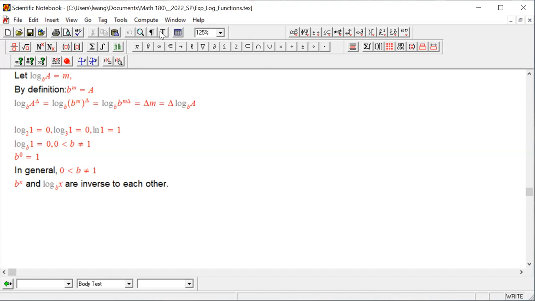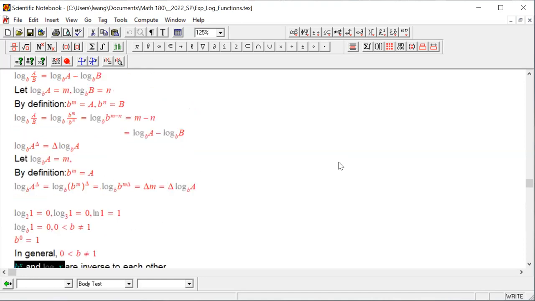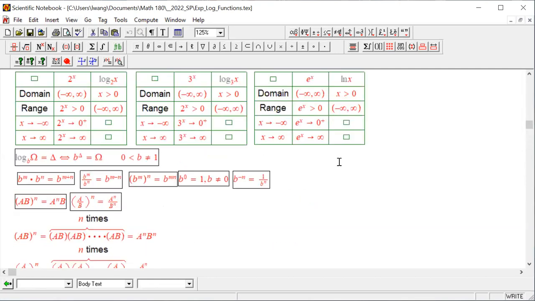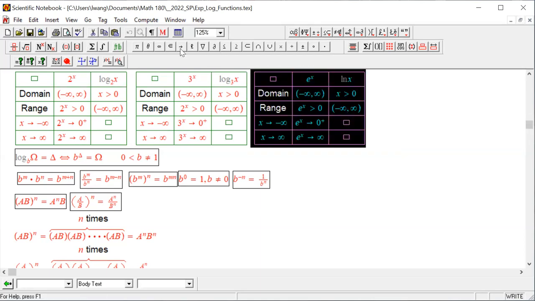Their domain and range, one's domain is the other's range. So their domain and range is comparable with what we just did. So in that general form, we talked about 2 to the power x, log base 2 of x, 3 to the power x, base 2, base 3, base e. What if it's base b now?